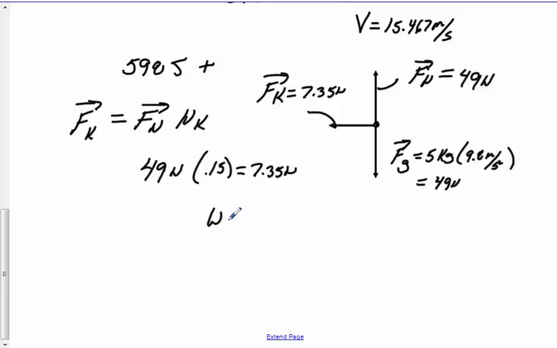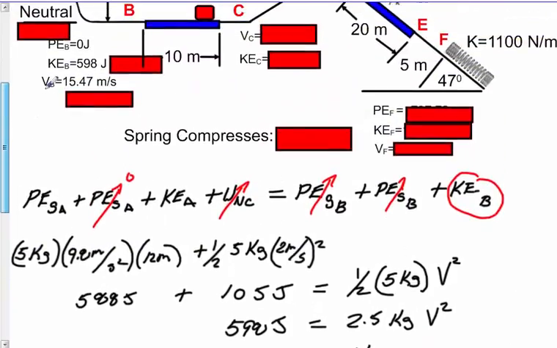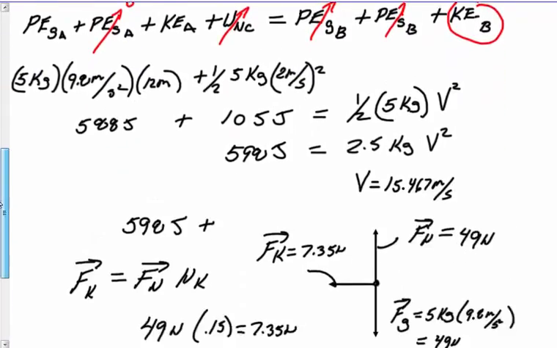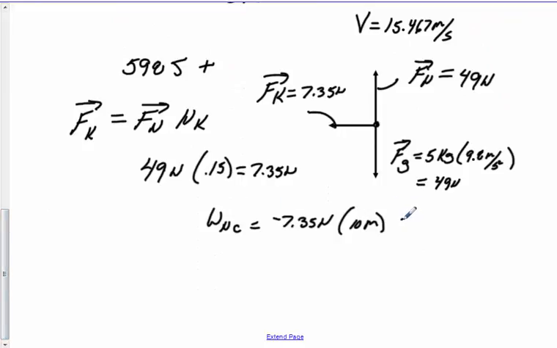So the work being done by non-conservative force is going to equal negative 7.35 newtons times my 10 meters, and that's the distance it travels across here. And multiply that, that is going to give me negative 73.5 joules. So that's how much work is being done.